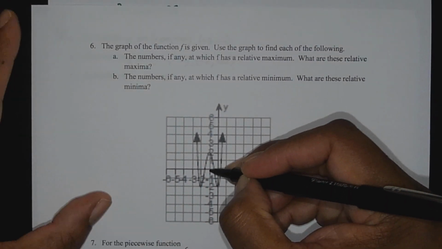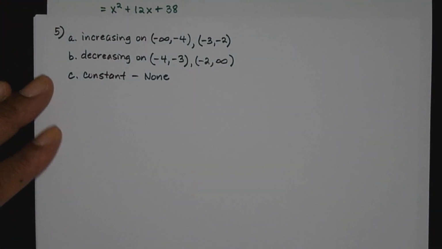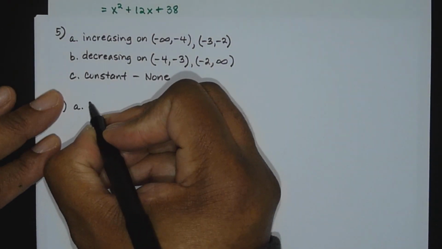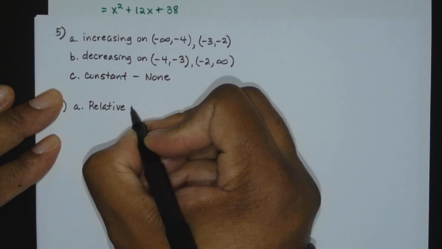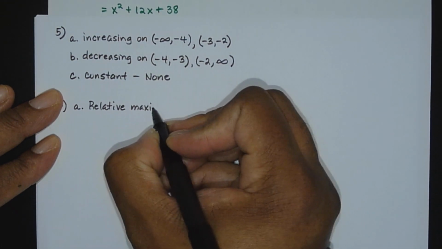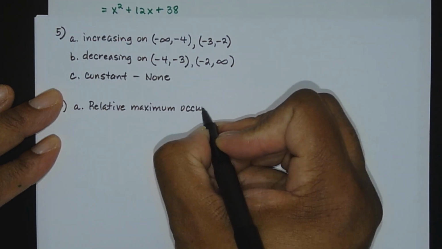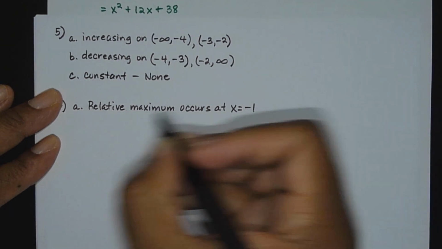It occurs at x equals -1. So in this case, a relative maximum occurs at x equals -1.